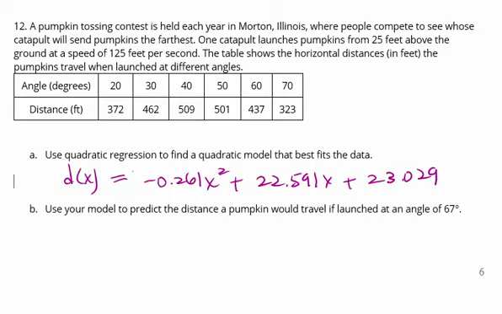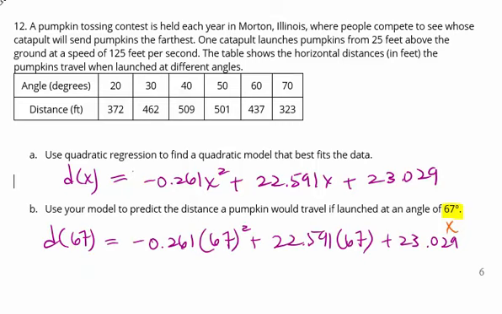And then it says, use your model to predict the distance a pumpkin would travel if launched at an angle of 67 degrees. Okay, so an angle of 67, that is an X value. We're going to find D of 67. And that's about 364.997. We'll just round to the nearest integer, so we'll say about 365 feet.